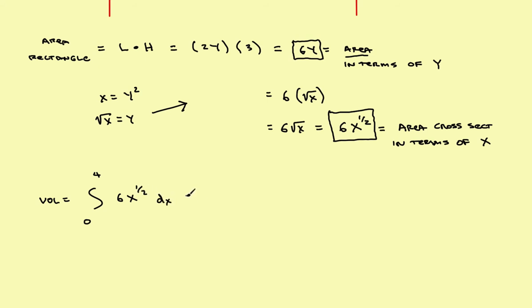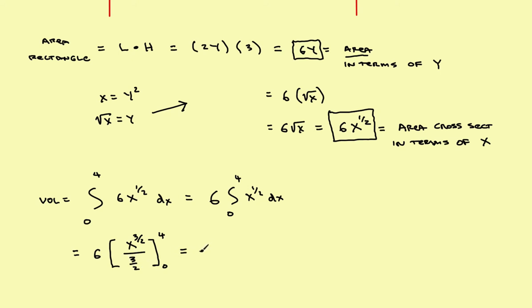So it turns into a fairly simple integral. Now we'll go ahead and bring the 6 to the outside and make that be 6 times the integral from 0 to 4 of x to the 1/2 dx. And that's going to become 6, and when we find the antiderivative, it would be x to the 3/2 divided by 3/2, evaluated from 0 to 4.